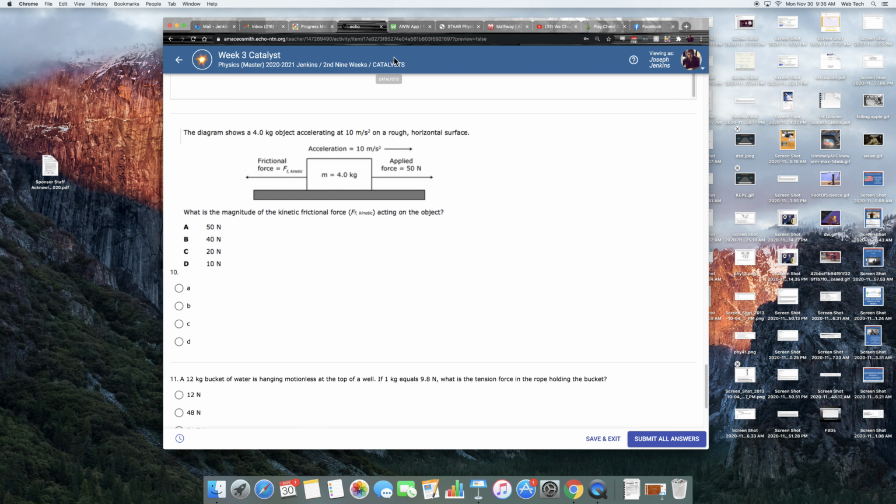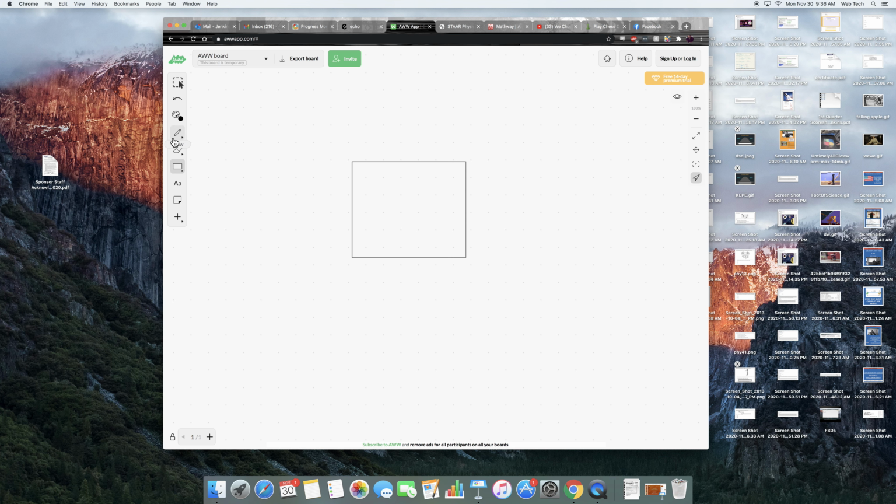Our box is a 4-kilogram object. Who cares what it is? It could be a dog, it could be a roller skate. I don't care. But its mass is 4 kilograms, and that is going to play a huge role. Why? Because Newton's laws say that force is equal to mass times acceleration, and mass is in the formula.